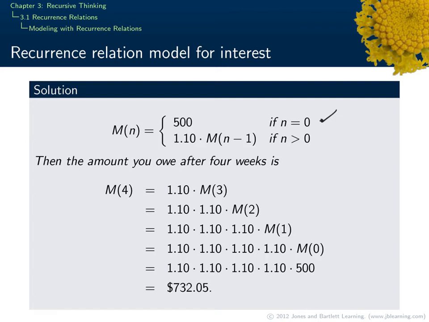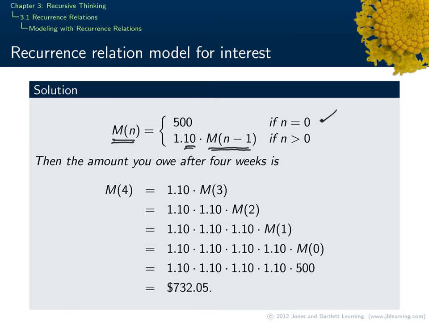However, if we wait some number of weeks beyond 0, then the amount we owe her in the nth week, because the interest is compounded weekly, is 1.10. Remember, it's 10% interest. So it's 1.10 times the amount we owed her the prior week.